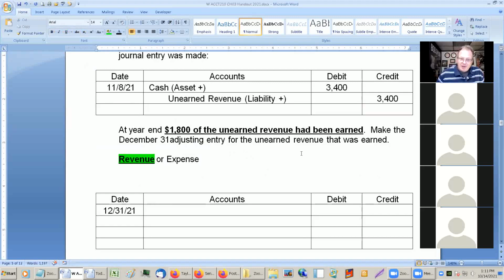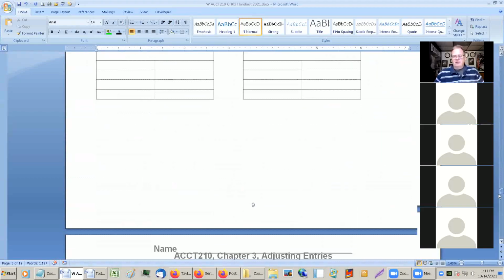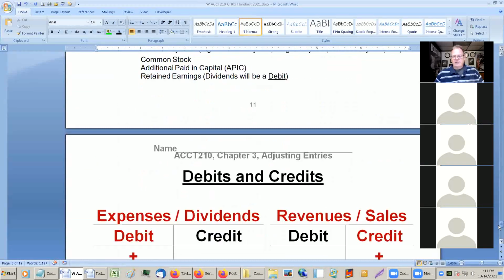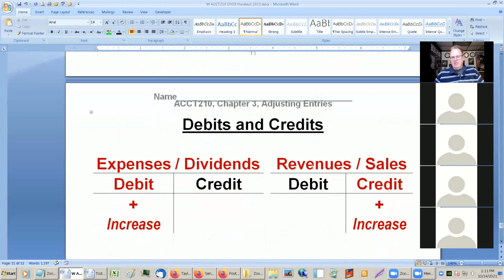Well, there's something very good about having a revenue in your journal entry. Revenues are always credits. Yep. So revenues are always credit. So we know what the credit is. Now notice, if you know what the credit is, you know what the debit is too.